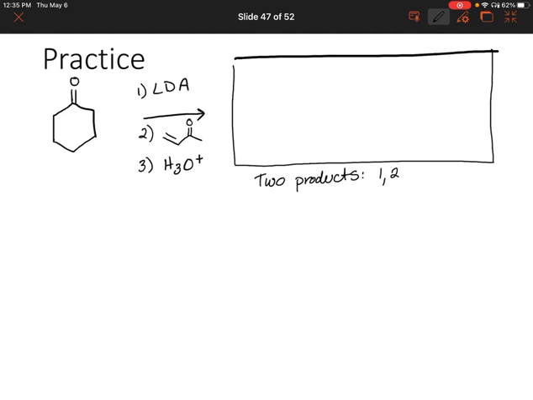So one will involve 1,2 addition, the other will involve 1,4 addition. So see if you can figure out the two products that would form in this reaction. And then we'll go over which one would be the major product and which one would be the minor product. So feel free to pause the video and then we'll go over it together.